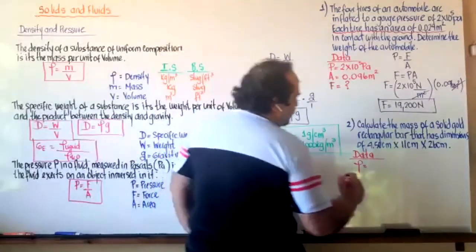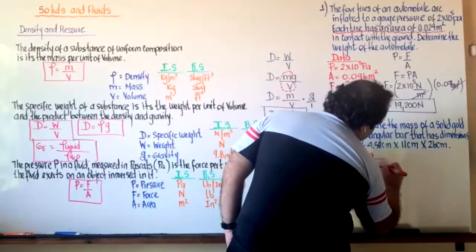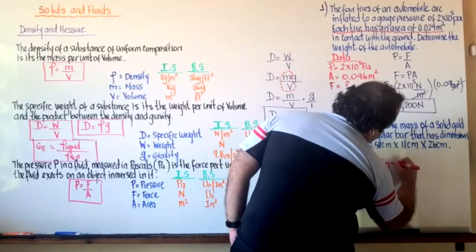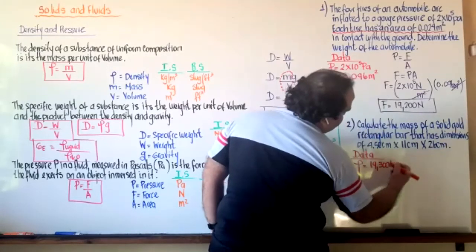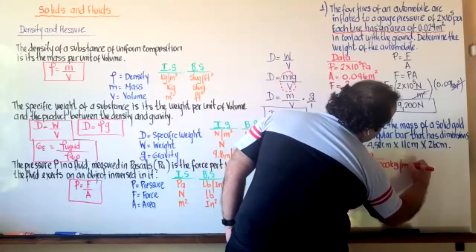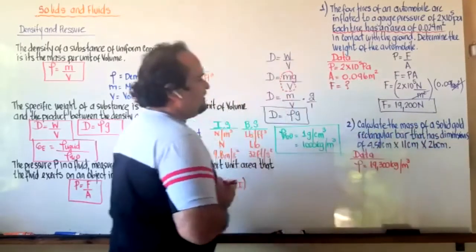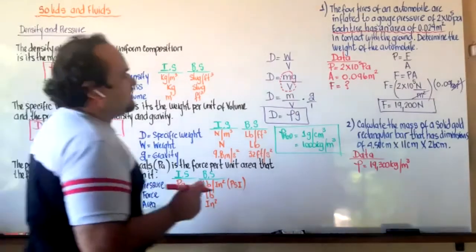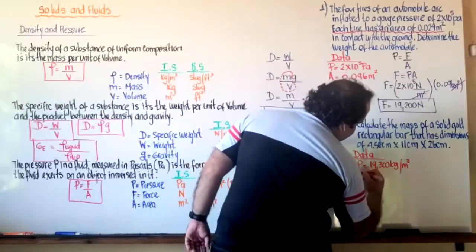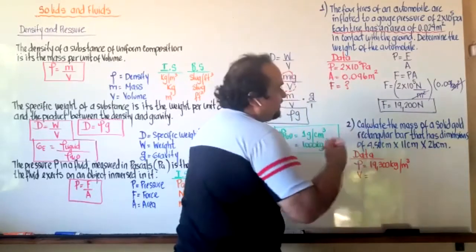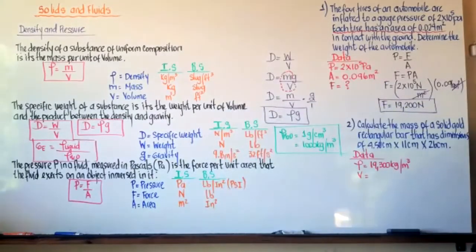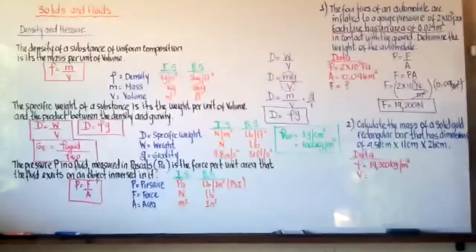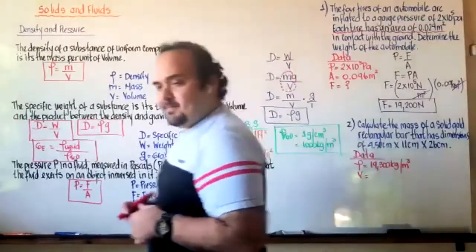And the density of the gold has a value of 19,300 kilograms per cubic meter, okay? This is going to be the density of the gold. So I have a question for you. How can we obtain the volume of this rectangular solid bar? Any idea?